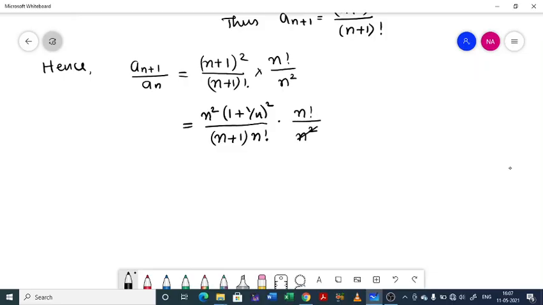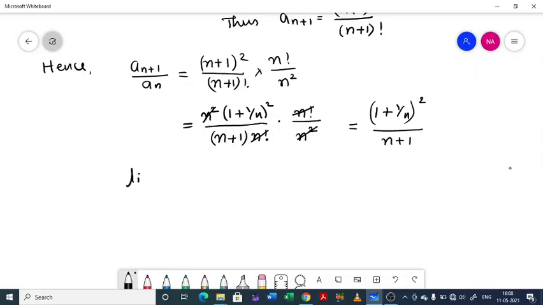So n square gets cancelled, n factorial gets cancelled. So you are left with, I'll write that term here, 1 plus 1 by n whole square divided by n plus 1.